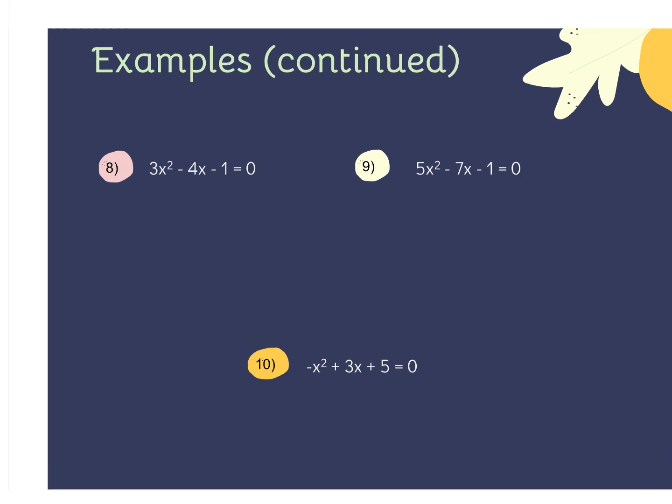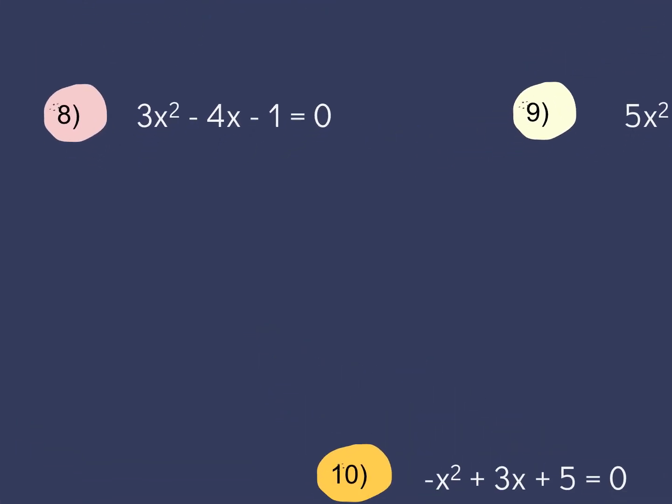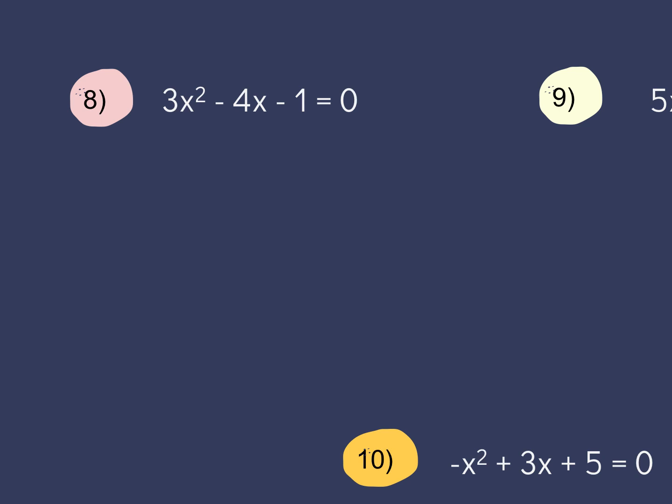All right, so for number 8, again, I've got a number in front of my x squared, so I have to divide everything by 3 first. So divide by 3, divide by 3, and then this ends up being x squared minus 4/3 x minus 1/3 equals 0.